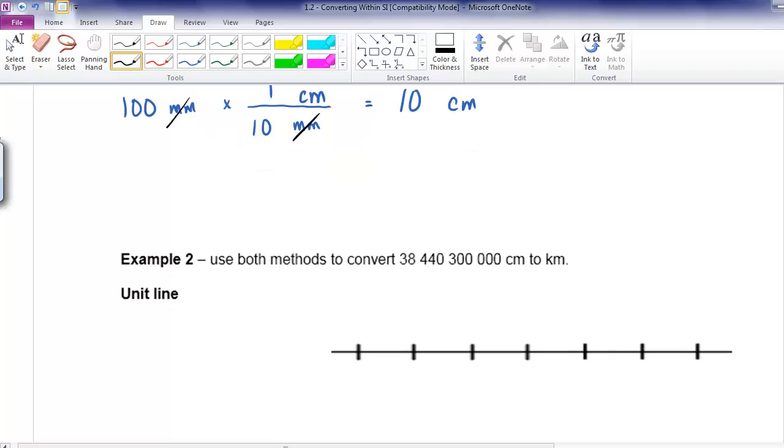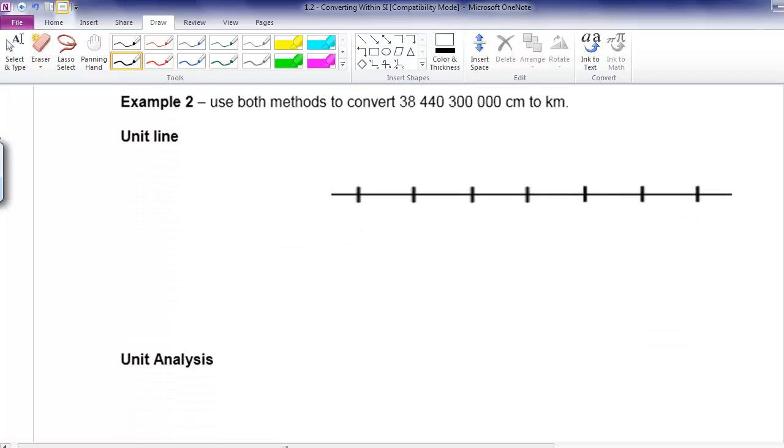Okay, let's get back to that huge number we started with. If we're going to do a unit line, here's my start, and where I want to go is kilometers.